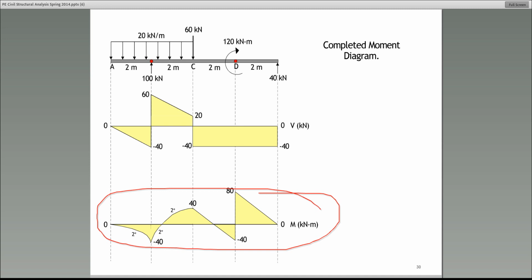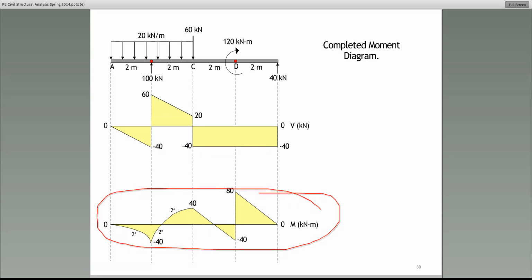And you're correct. No, Arash says 120. I don't know where you got that, Arash, but no, the answer is 80. I think what he's doing, he's adding 80 and 40. But no, if this is the moment diagram, the designer will need to design this beam so that it would resist 80 kilonewton meter.